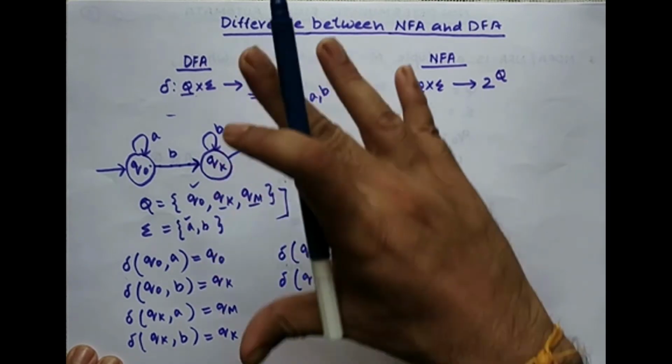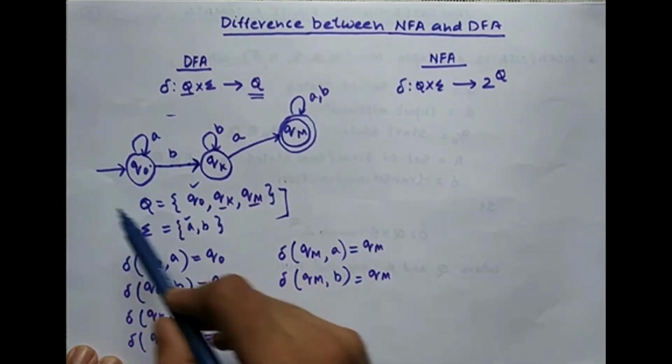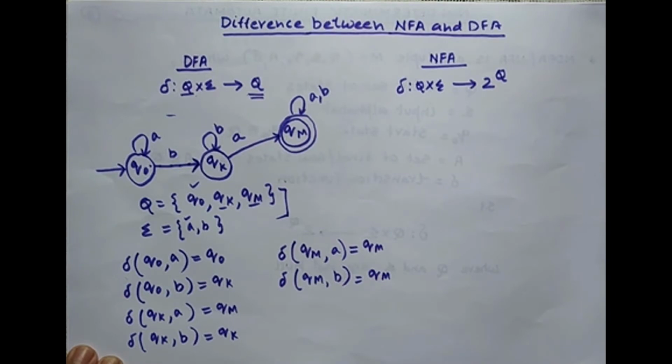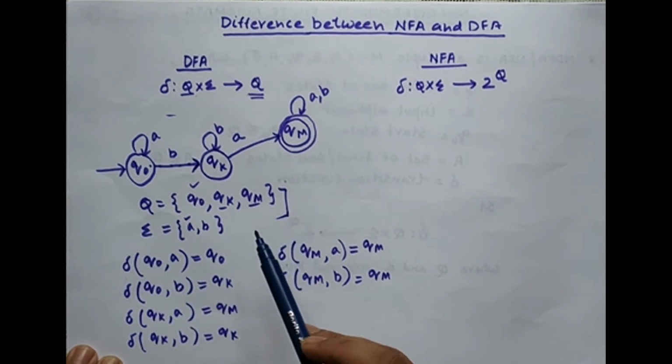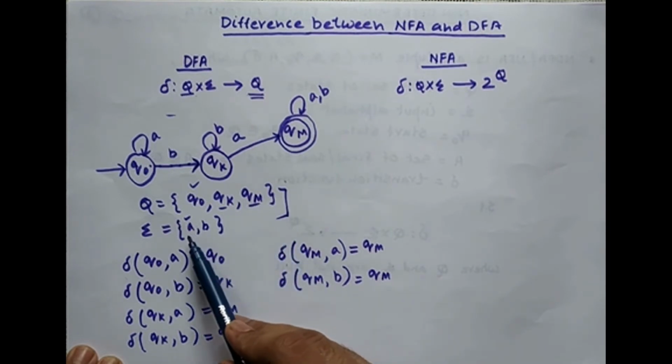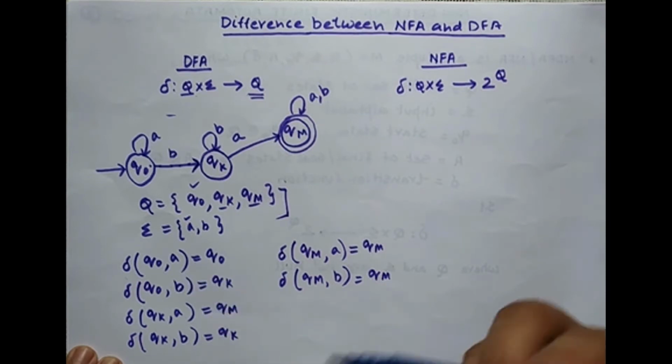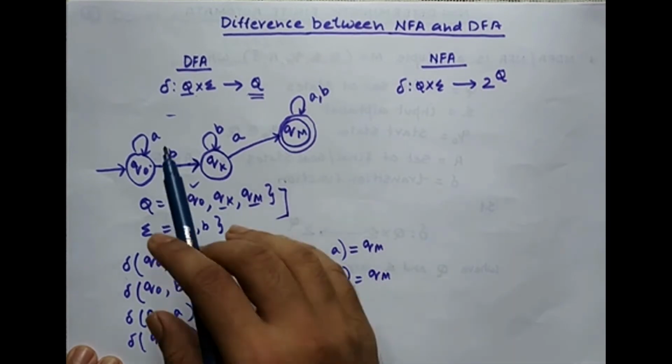So we said that an automaton is called a DFA if, for each state in Q, on reading one particular symbol, it goes to only one unique other state. That is your DFA.